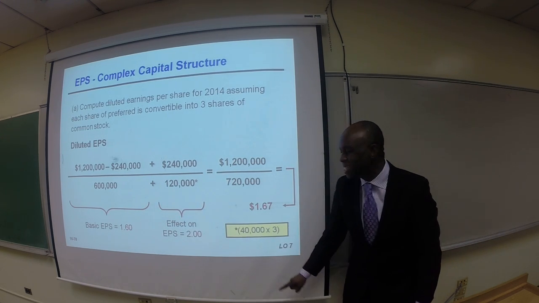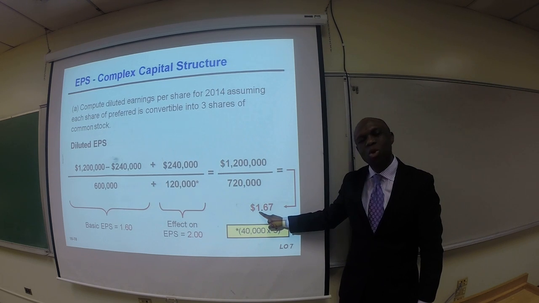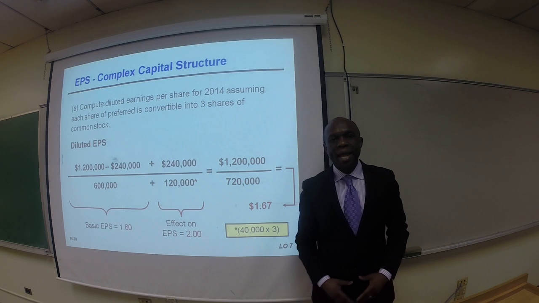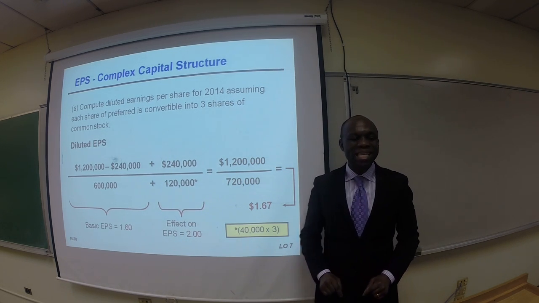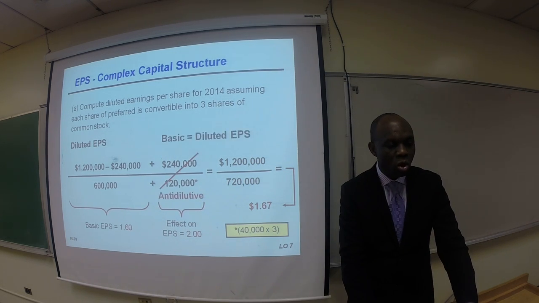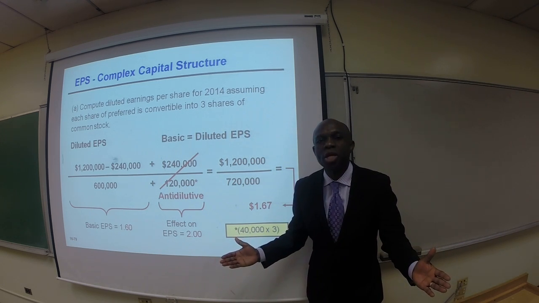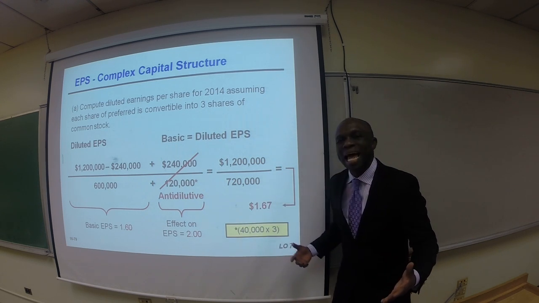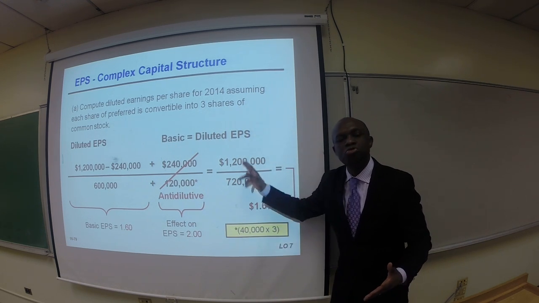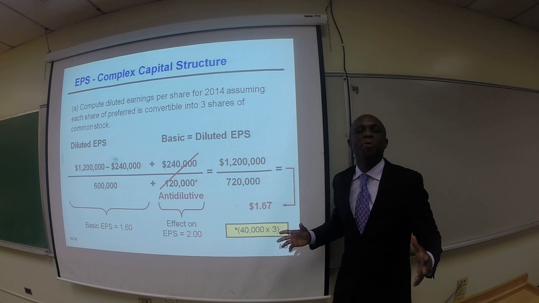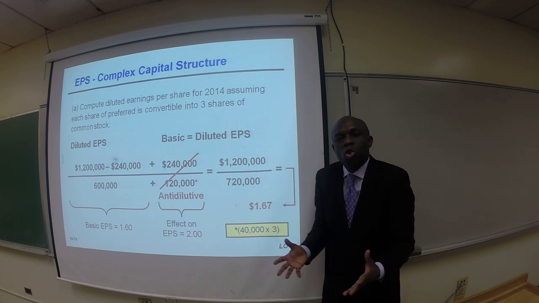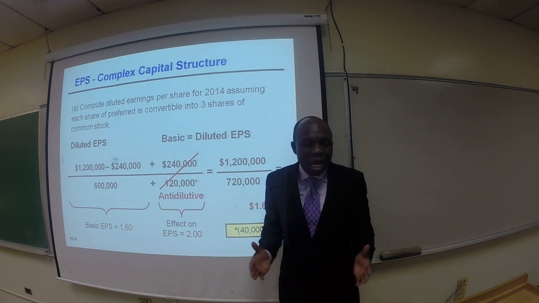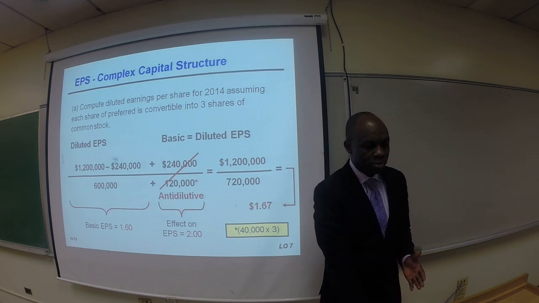Basic EPS is $1.60, but the diluted EPS is $1.67. We give that another fancy name in accounting. We call that anti-dilutive. Here is the accounting rule that you need to know. Whenever we have anti-dilutive EPS, it is not reported. In other words, you are not required to report it according to GAAP. Why? Because it defeats the purpose of calculating diluted EPS in the first place.